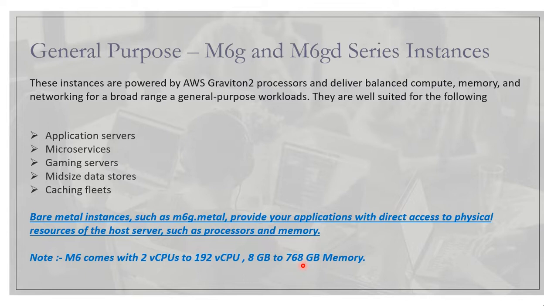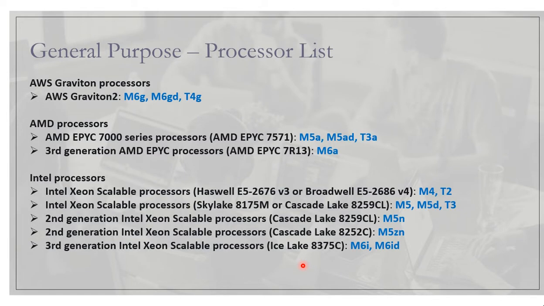So the main difference between all these series is your virtual CPUs and memory, right? So based on our requirement, we choose those series of instances, right? And the processor list, if I see, we have processors for M6, M6G, T4, AWS Graviton, AMD processors. So I have given a list of general purpose processors, right?